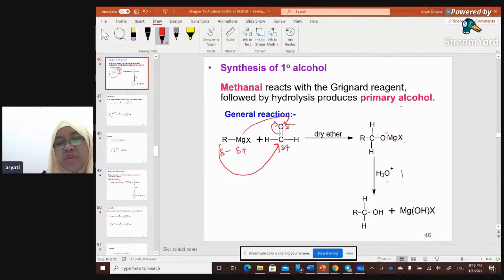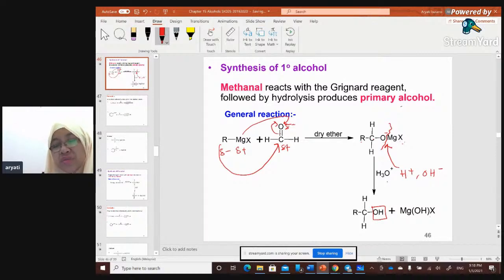Followed by hydrolysis, with H2O, H plus and OH minus. So H plus will come in here, this bond will break, and H plus will take over from MgX to become OH. Mg will attach to OH to become MgOHX.